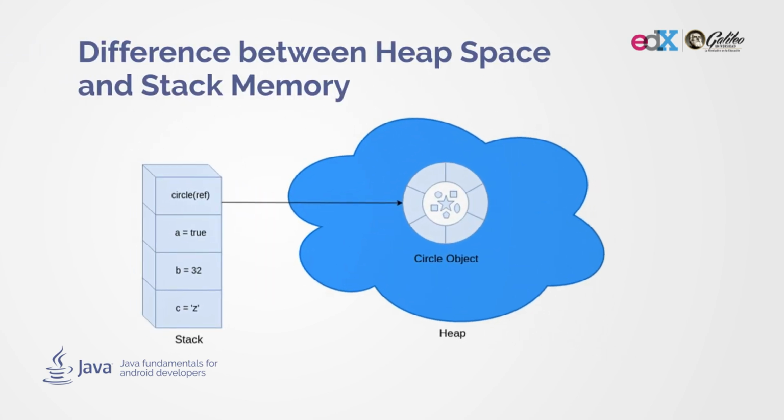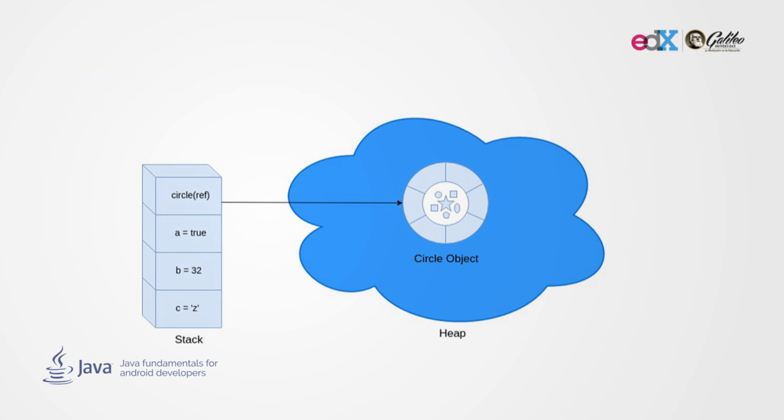What is the difference between heap space and stack space? Heap space is used by all the parts of the application, whereas stack memory is used only by a thread of execution. All objects are in the heap space. Primitives, local variables and methods are stored in the stack memory. Whenever an object is created, it is always stored in the heap space. Then the garbage collector will see if it has a reference or not from another object.